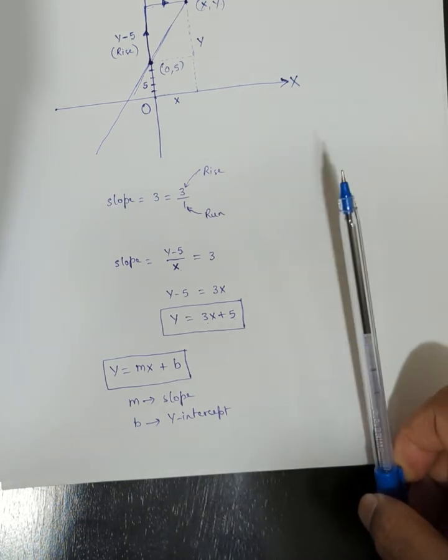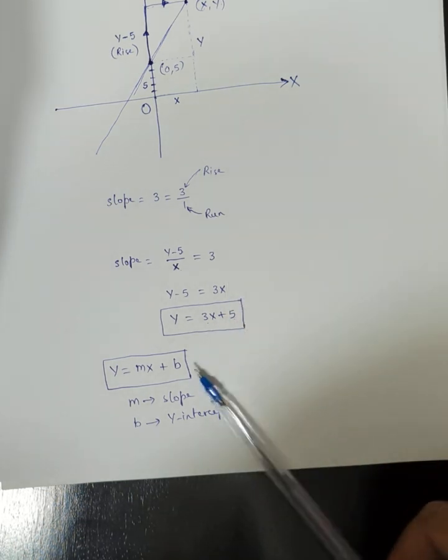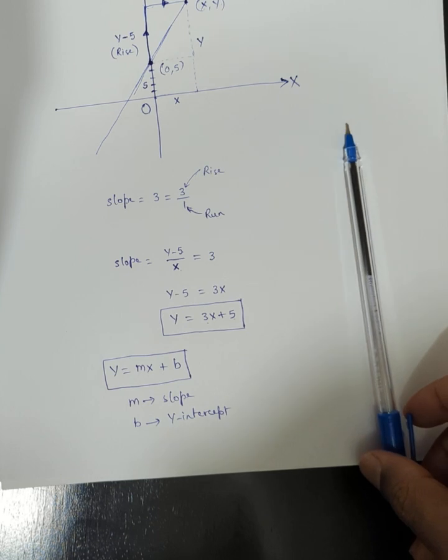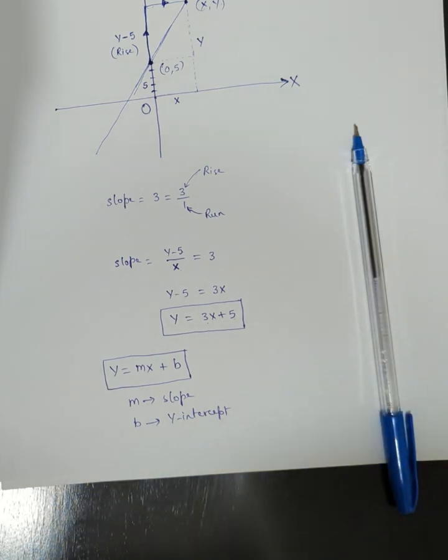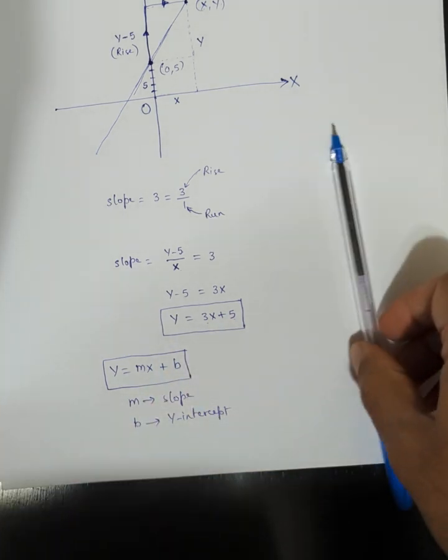And then we would be deriving an equation. So that does not look as nice as this, and it's called the point slope form. So until that point, I have some practice problems for slope-intercept form. So be sure to practice them.